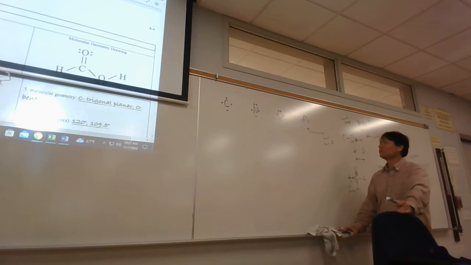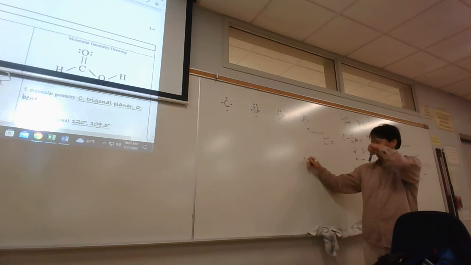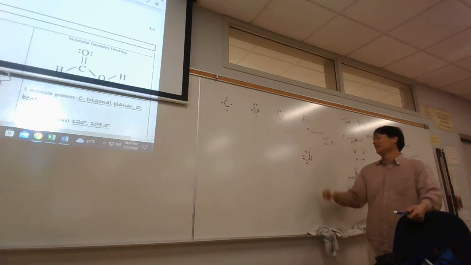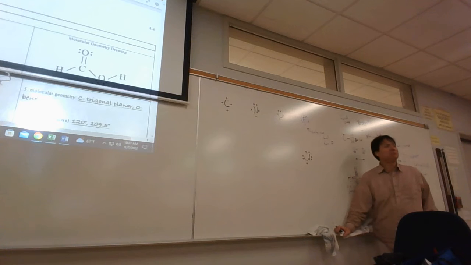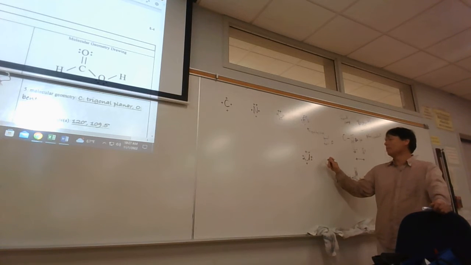How can chlorine form more than 1 bond? One, it's bigger. But 2, it has to do some other stuff. It's possible if we do something.